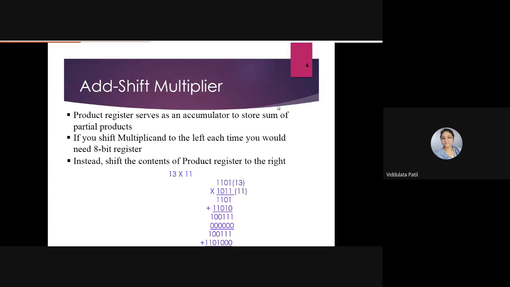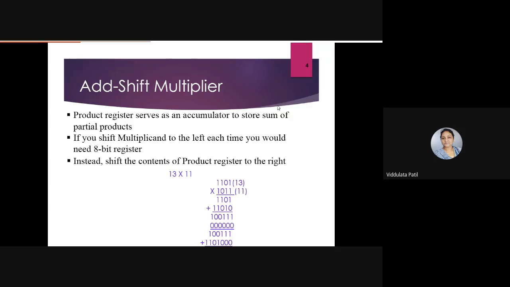So we are going to store the multiplier in an accumulator, then add the multiplicand with the accumulator contents, and then shift it to the right. How we add that we will see afterwards.